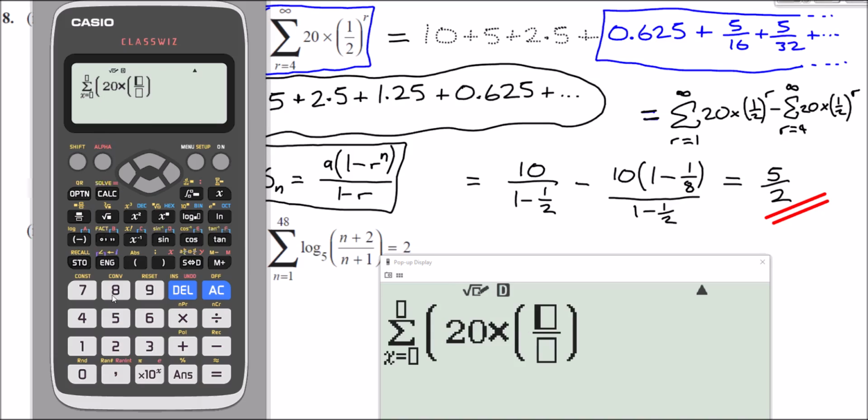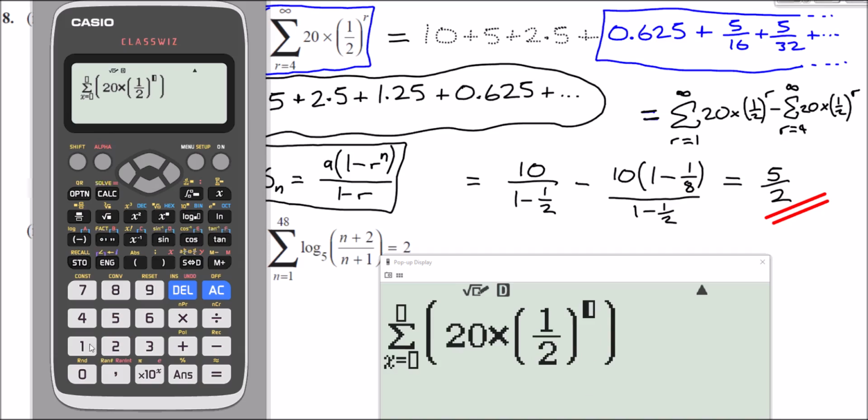So now it's going to be 1 over half to the power x. So shift and then x, where's the x? So alpha x rather, and put in from x being this time. In fact, we could have done even from 4.